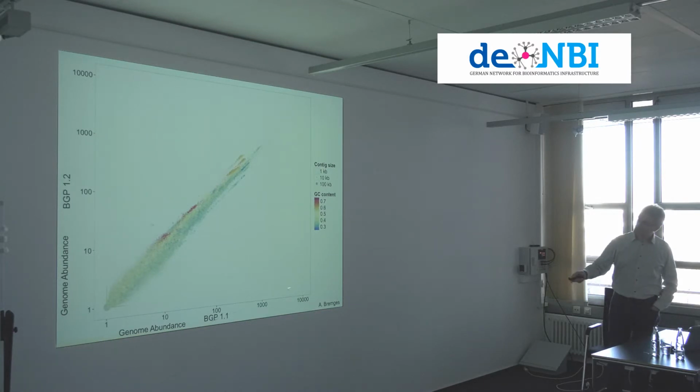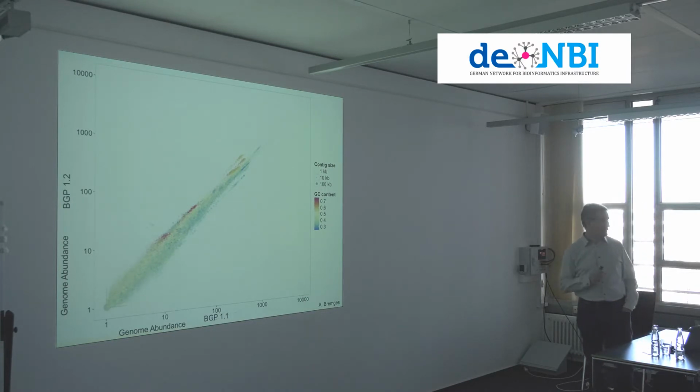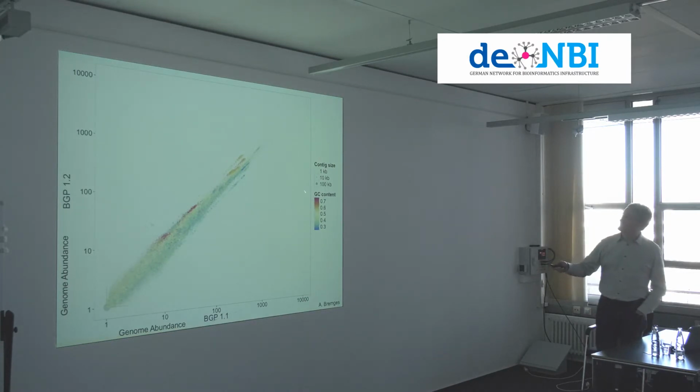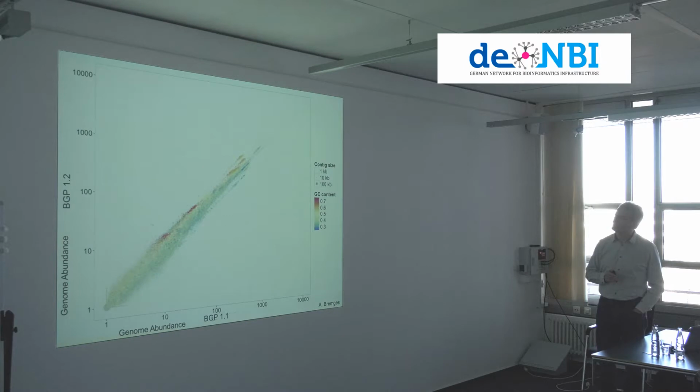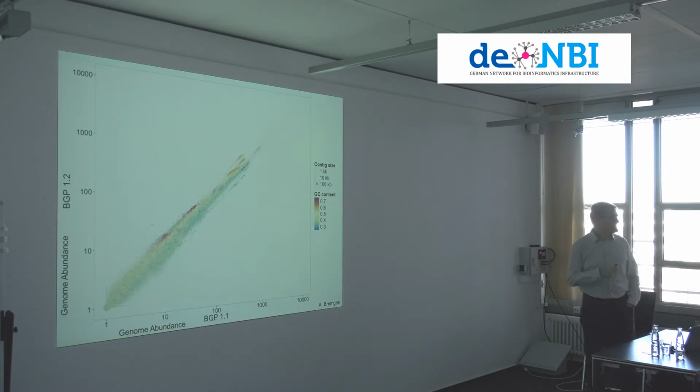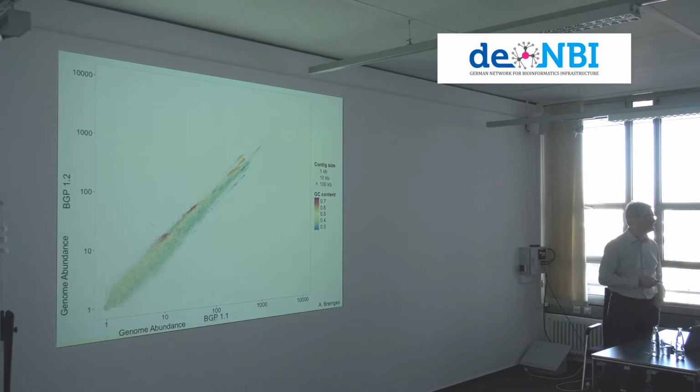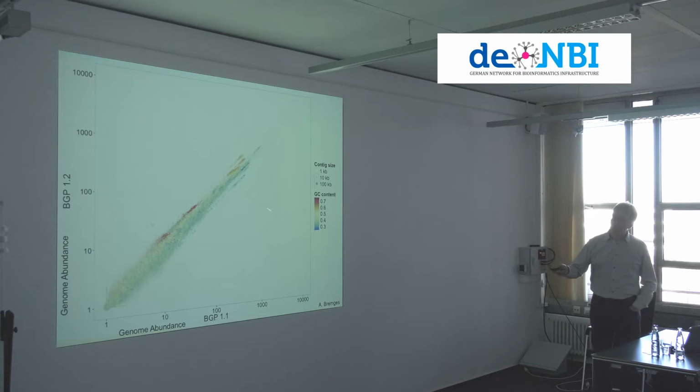This is just to illustrate, this is another example here. So each dot here, which you can hardly see, is a contig. The contigs are colored by their GC content, which is related to the tetranucleotide frequency I just mentioned before. And on the X and Y axis, you see the abundance or the coverage of these genomes in your data set, right?